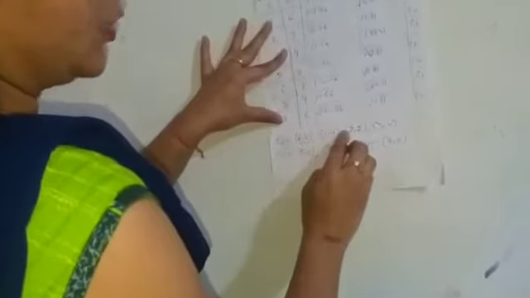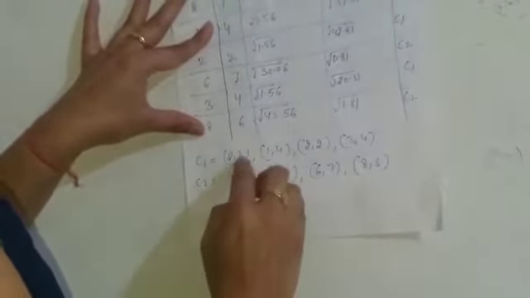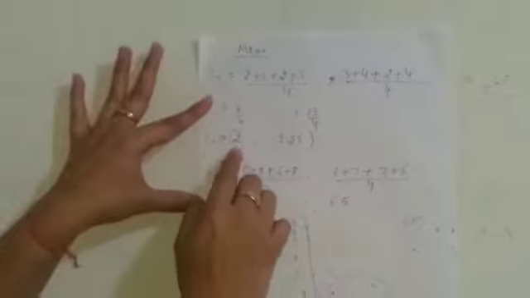After that, we will calculate the mean. For x: 2 plus 1 plus 2 plus 3 divided by 4, and for y: 3 plus 4 plus 2 plus 4 divided by 4. That is C1 equal to 2, 3.25.